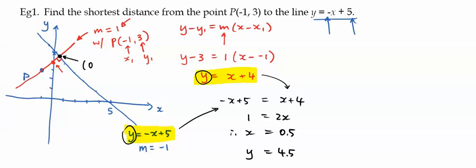And once I have the coordinates for this point, 0.5 and 4.5, I can now calculate the distance between point P and this point of intersection using the distance formula. With negative 1 and 3 for the other point, I can now calculate the distance.